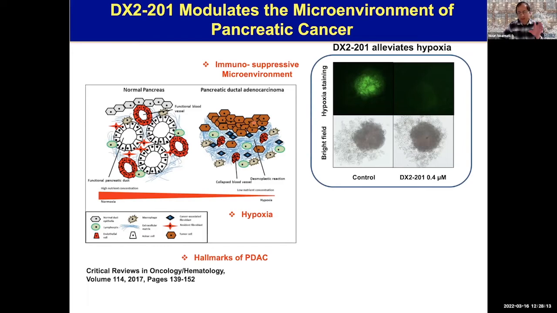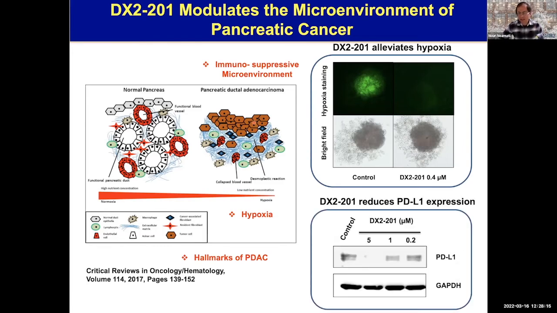Another added benefit of the drug is that it decreases PD-L1 expression. As you could imagine, this is what you really want to do: combine this potentially with immune checkpoint inhibitors. So that's the direction we're moving forward.